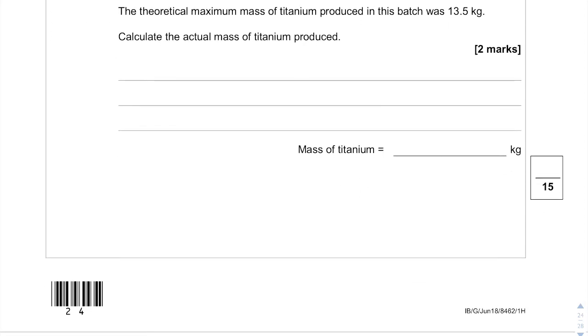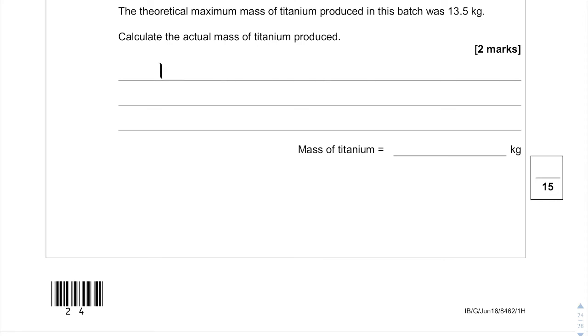For stage 2 reaction, percentage yield 92.3, theoretical maximum mass produced 13.5. Wait, they actually seriously tell you to calculate this. Okay, this is pre-GCSE math multiplication, isn't it?